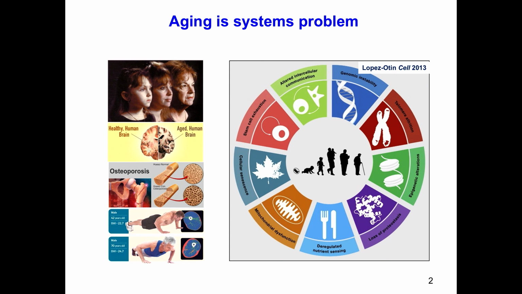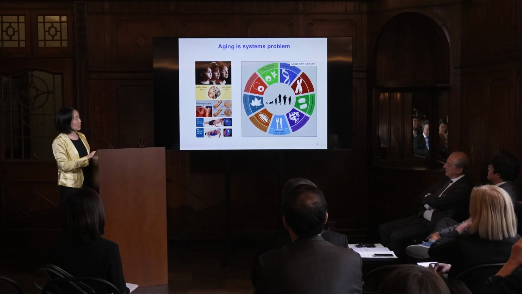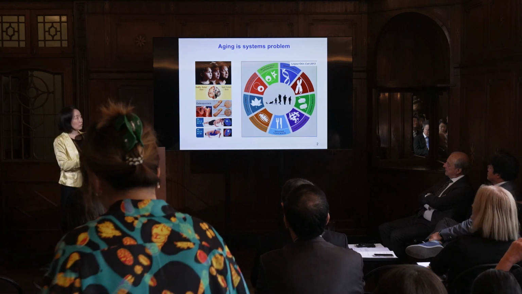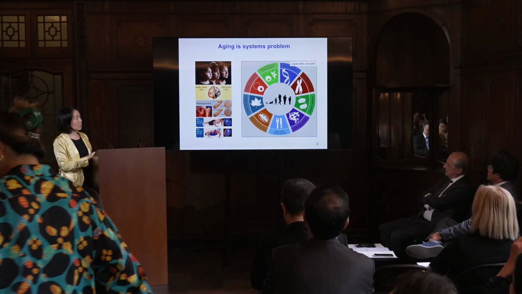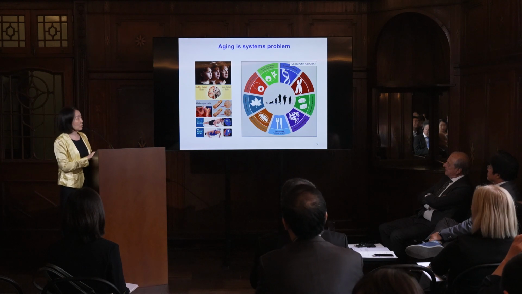In fact, aging is not only affecting the appearance and us at the tissue level, but also at the molecular and the cellular level. So on the right are the hallmarks of aging. This is already an old slide. Last year, there was an updated hallmark, now including 12 hallmarks.